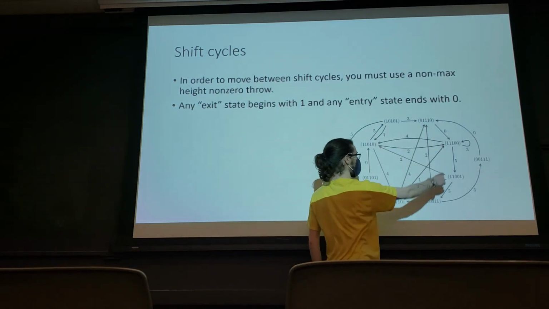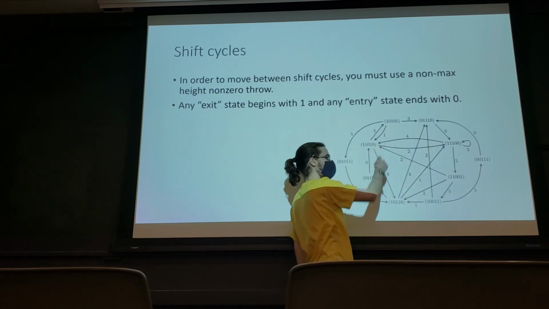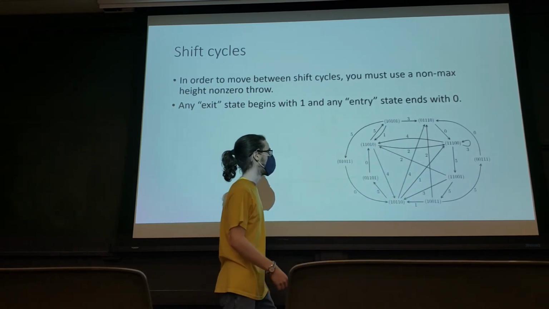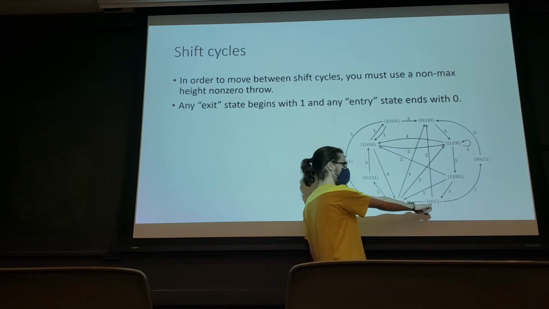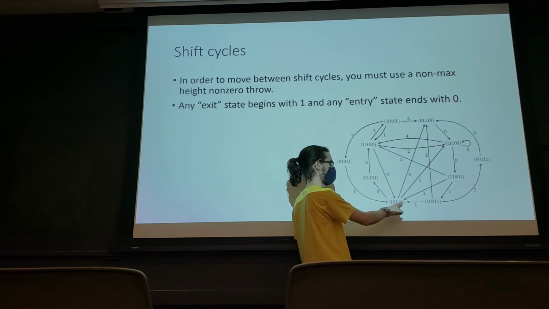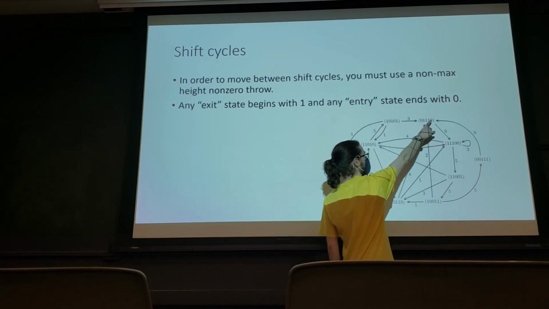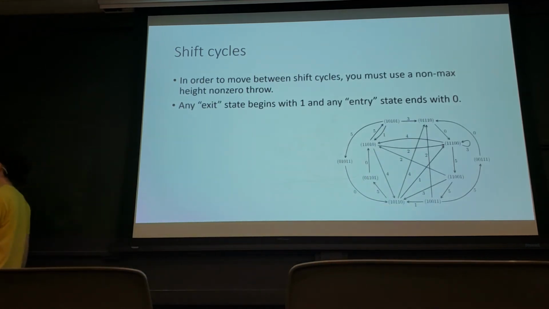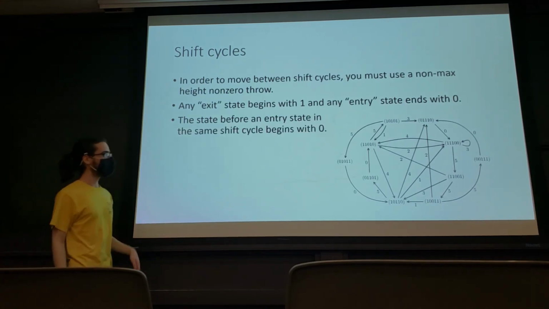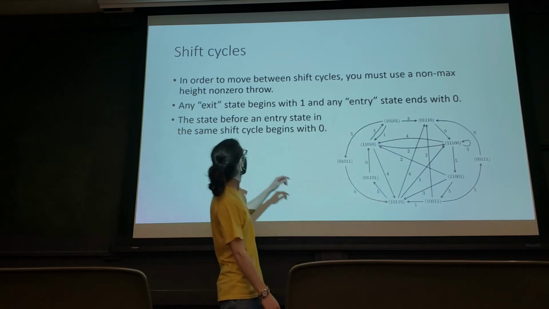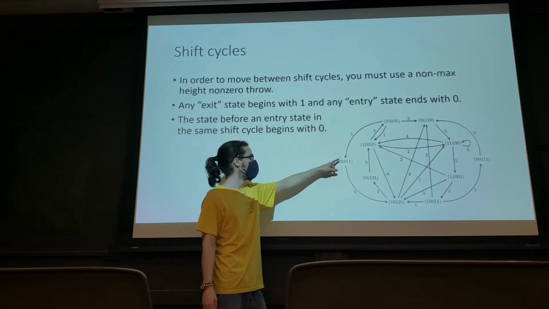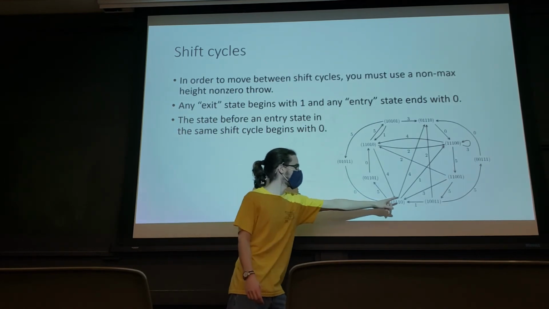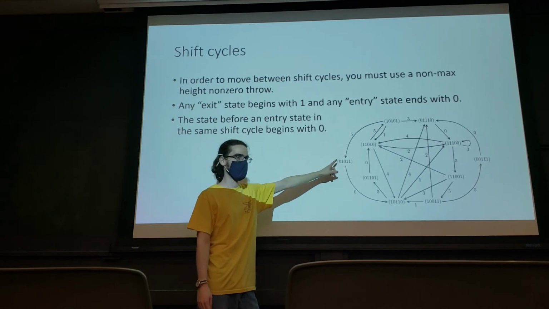For example, in this period 8 cycle, we're traveling between both shift cycles. So this exit state begins with 1, and then this entry state ends in a 0, and this starts with a 1, and this one ends in a 0. And this is nice because if we look at an entry state, for example, this one, and then we look at the state before it in the shift cycle, so we take an arrow backwards, then we know, because this ends in a 0, that this has to start with a 0.